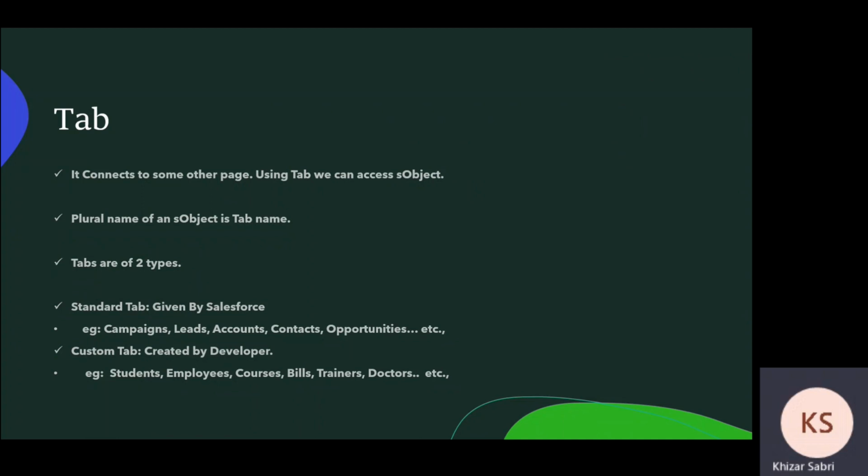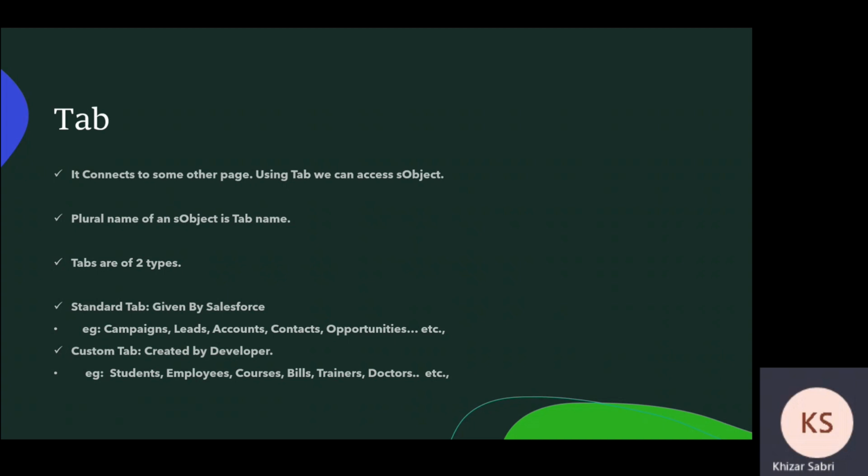Here is the important stuff. A tab connects to some other page. Using a tab, we can access the S object. The plural name of an S object is the tab. Does everybody understand what plural means? Singular versus plural, more than one.